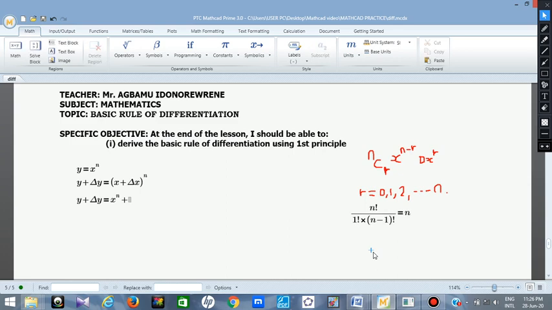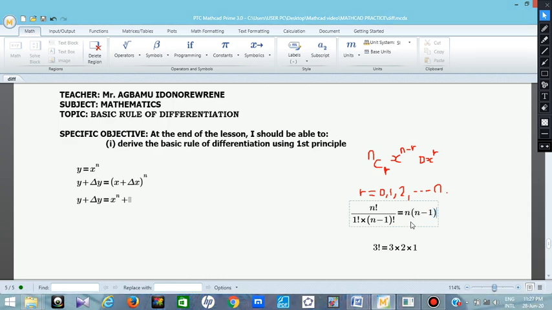For example, 3 factorial is equal to 3 times 2 times 1. You are subtracting 1 from the number. 3 minus 1 will be 2, 2 minus 1 will be 1. So the same thing here. If I subtract 1 from n, it will be n, open bracket, n minus 1.